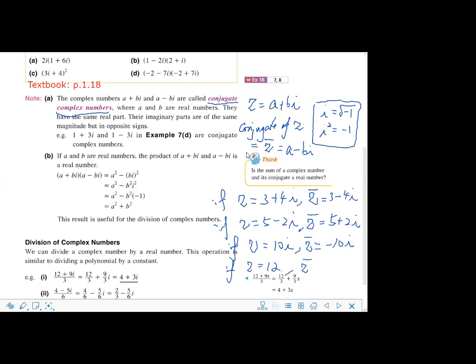Then plus 0i and minus 0i are basically the same, which means that Z bar will be just equal to 12. Good. So this is the new concept about the conjugates of a complex number. We will say that Z and Z bar is a pair of conjugate numbers.